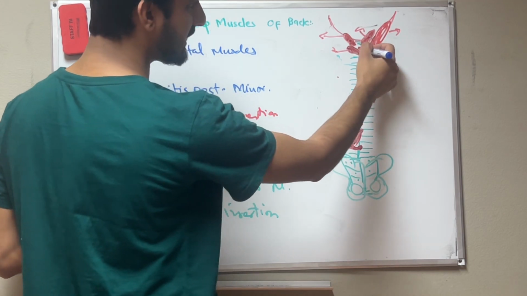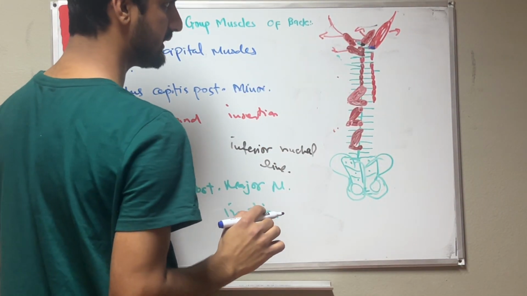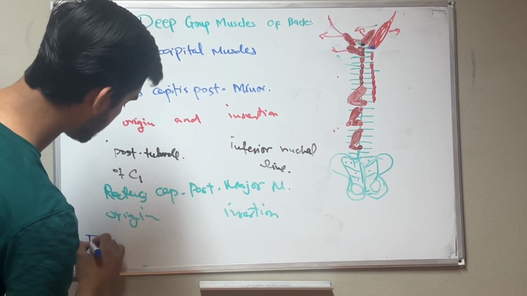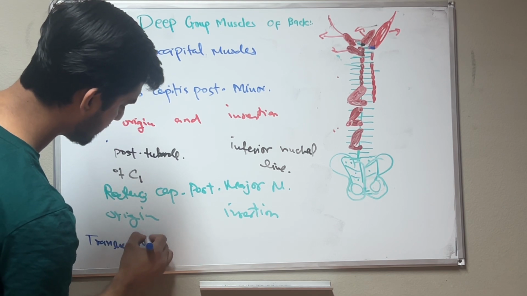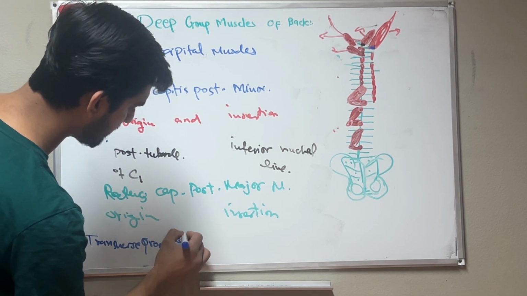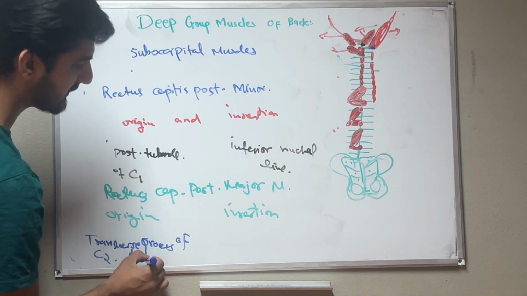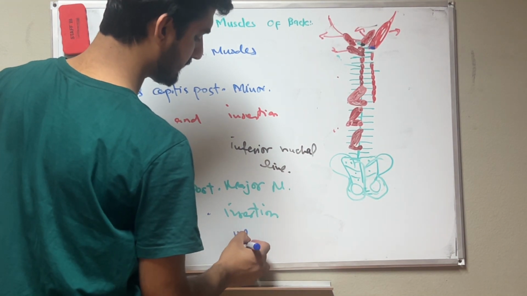From where is it? This is a transverse process of a vertebra, the line which I showed. And which transverse process of which vertebra? Axis. Transverse process of C2. It means axis, C2, because this is C2, and it is inserted into the inferior nuchal line.